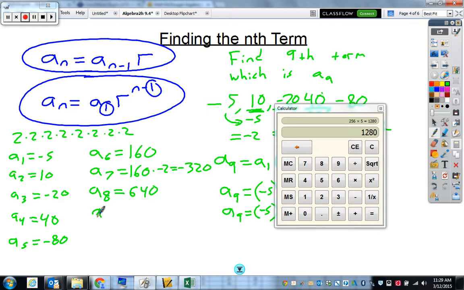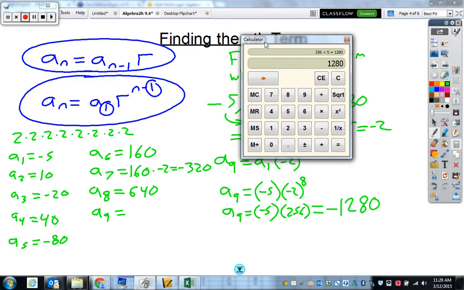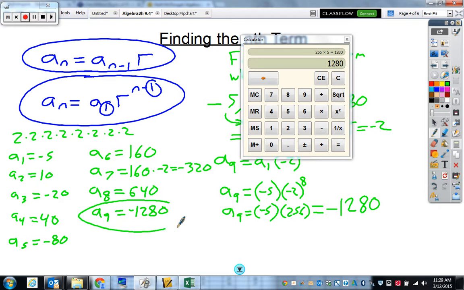And then a sub 9 equals 640 times negative 2, which would be negative 1,280. So either way, you get the same answer. One's just much quicker.